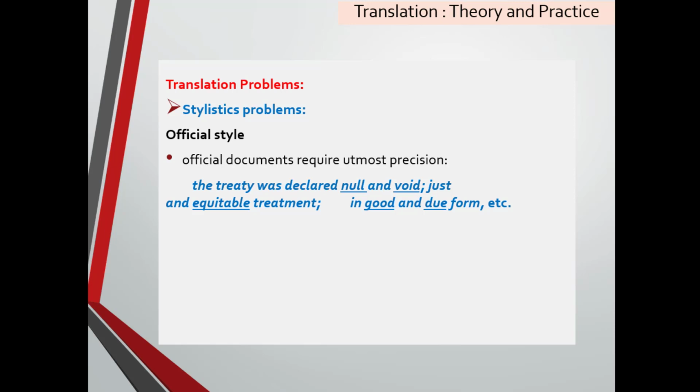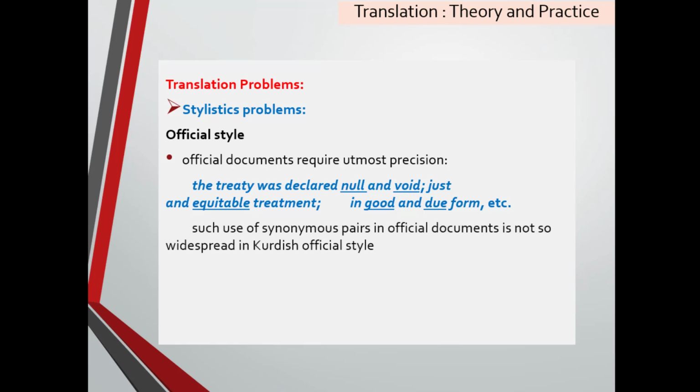Such kinds of synonymous pairs in official documents are not very widespread in Kurdish, but still we can manage translating them. For example, for null and void, this is a legislative and legal domain and sphere that we are talking about.